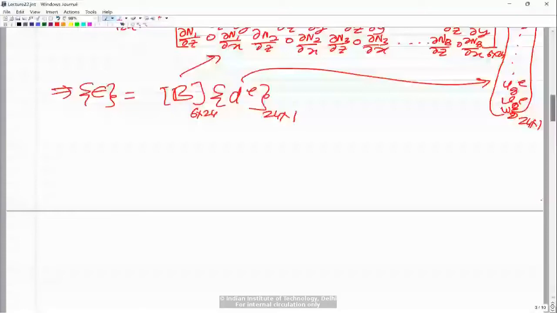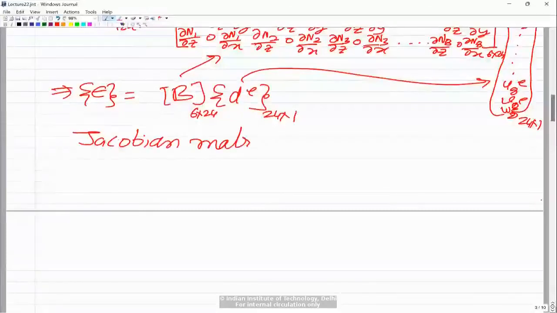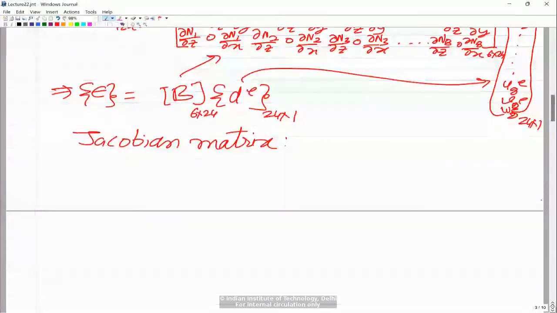For that you need to write a Jacobian matrix, the way we have done earlier. The concept is similar to what we did for the 2D problems, functions of x and y. We already have x, y, and z expressed in terms of xi, eta, and zeta.